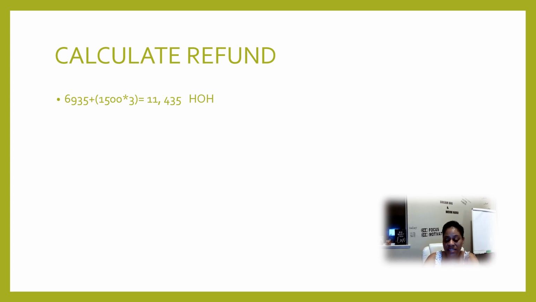And this is just an estimate because, like I said, you're not going to get the max. You're not going to get $1,500. You might get $900 per kid. But this is my estimate, and I'm making it easy for all of us. So let's say you get the full $1,500 per kid, then your earned income credit plus your child tax credit gives you a refund of $11,435.